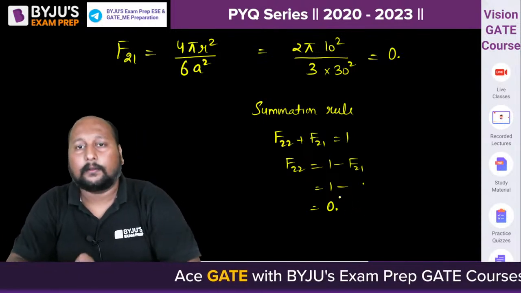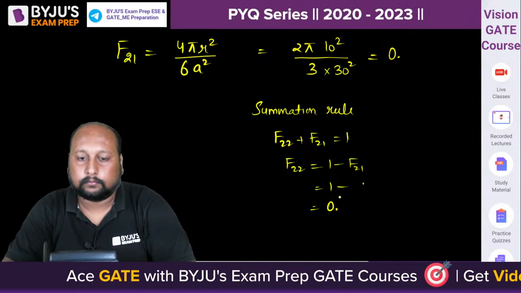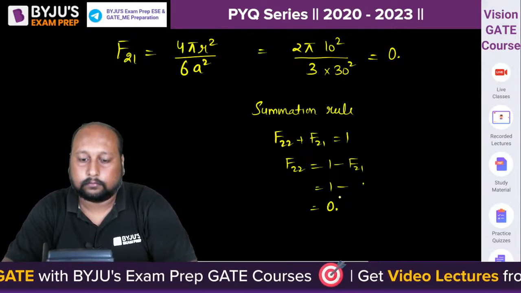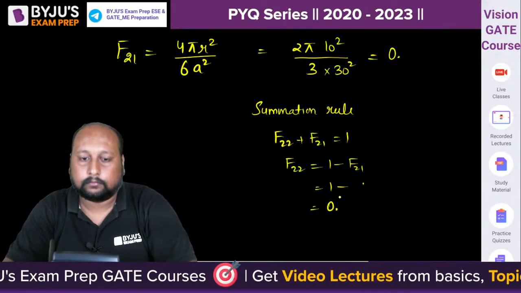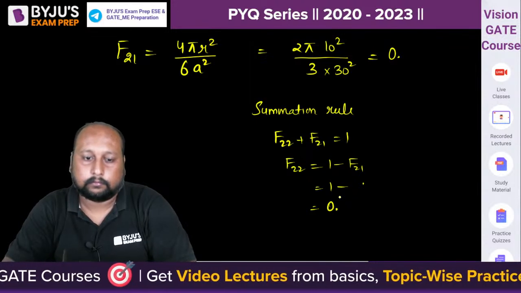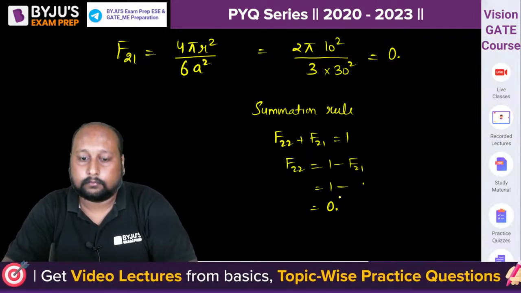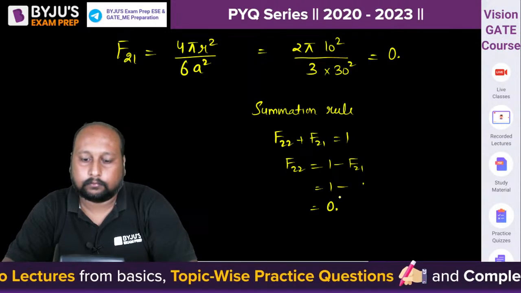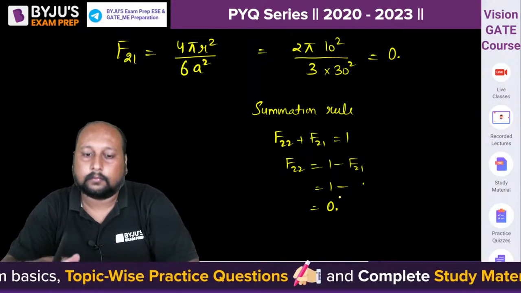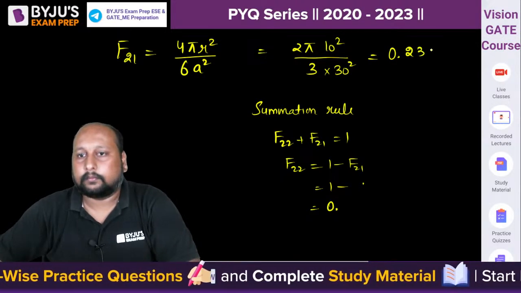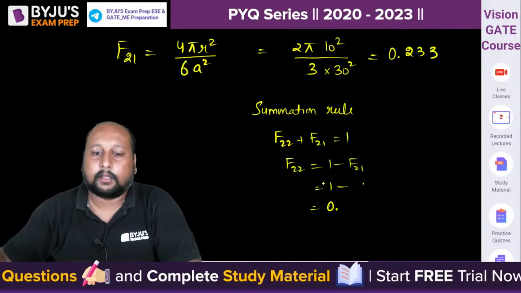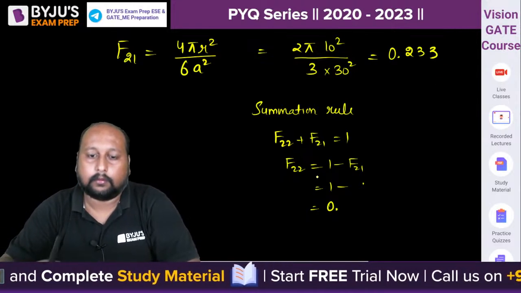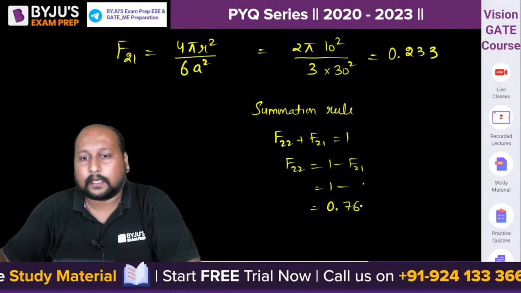Chaliye, what's the answer? 0.232. Yes, or 0.233. 0.767.